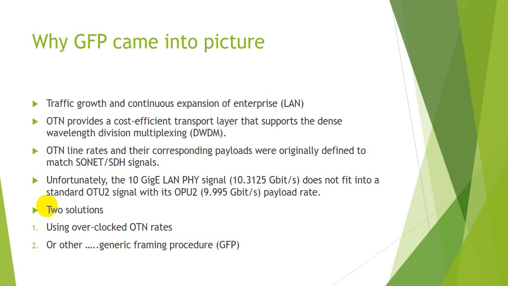The other was to have another technology which can do some work on the client signal before it is transported to the OTN network. Both solutions were available, because in OTN the frame is the same, and the speeds are achieved by using different timing of sending that same frame.